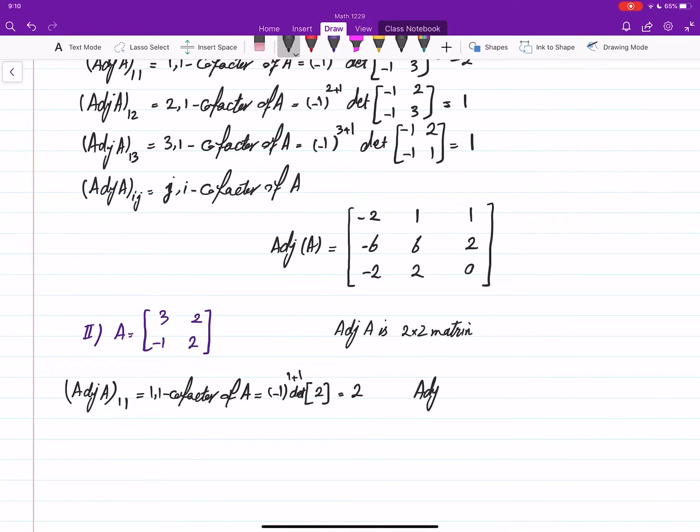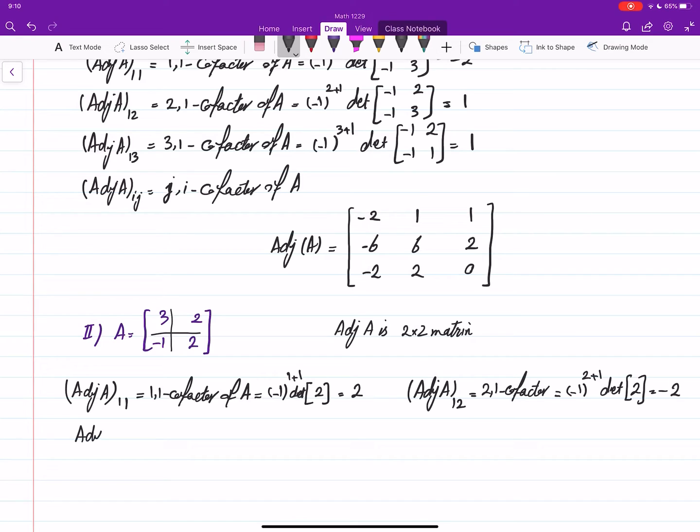Adjoint of A, entry 1, 2, is the 2, 1 cofactor, and this is -1 to the power 2 plus 1, and the determinant of it is the 2, 1 cofactor. You see, the 2, 1 cofactor will have 2 there, and then this is -2.